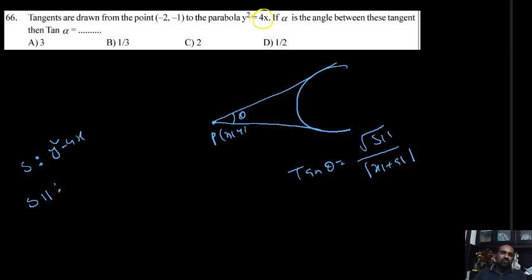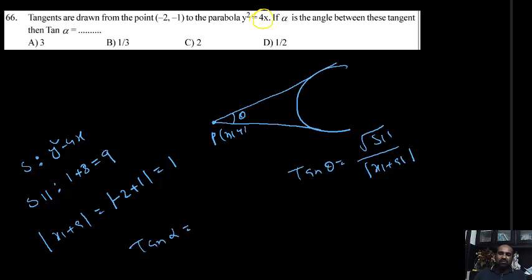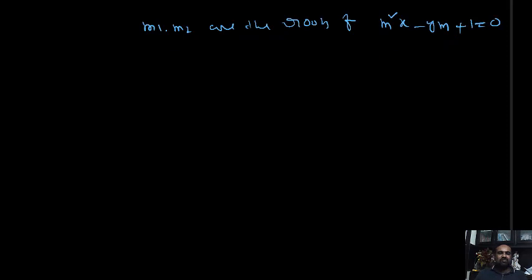For S11, that point should be substituted, which point? (-2, 1). Instead of y we write 1, minus 4 times -2, that is 8, so the total is 9. After that, the mod of x1 plus a: x1 means -2, a means 1 only, so directly 1. So tan alpha equal to root 9 by 1, that is equal to 3. Directly you will get the result. You can use any one of the methods.